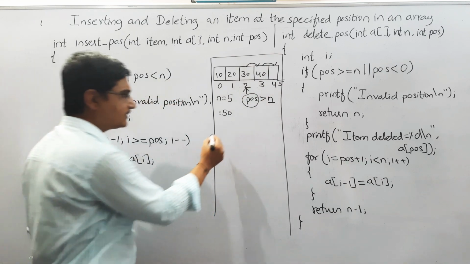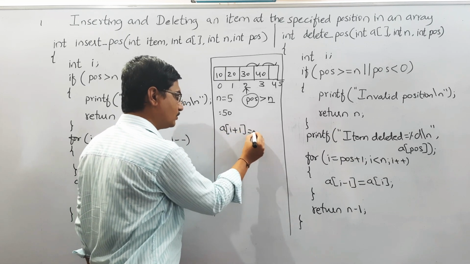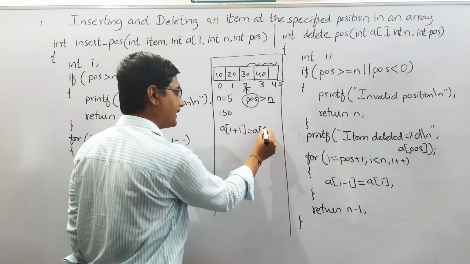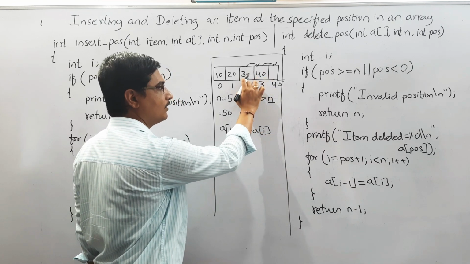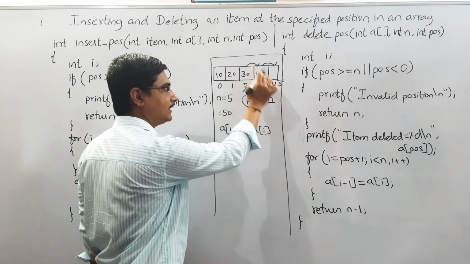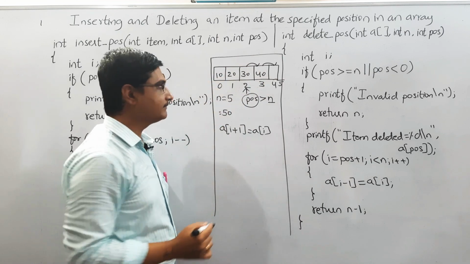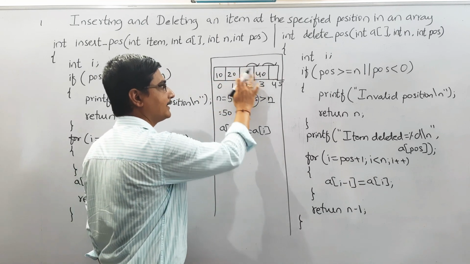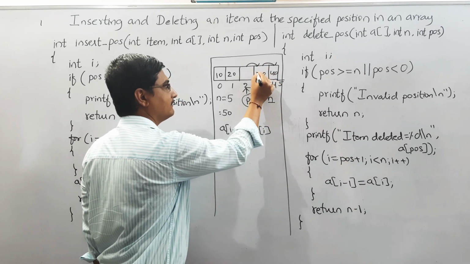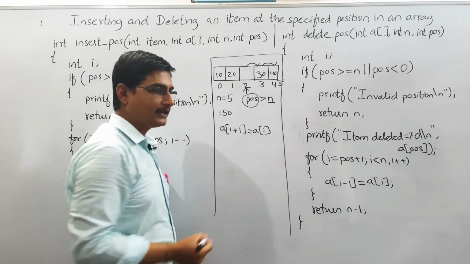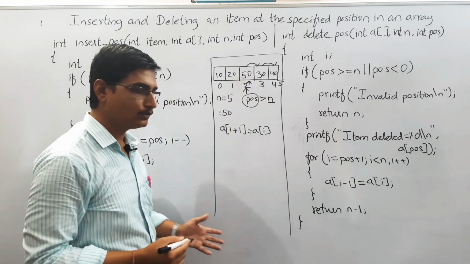Using the code a of I plus 1 equal to a of I. This is a of I, this is a of I plus 1. So I need to shift this element to the next location. Then a vacant position will be created. 40 will be shifted here, 30 will be shifted here. A vacant position will be created. In this location, I have to insert 50. This is how we can do this.